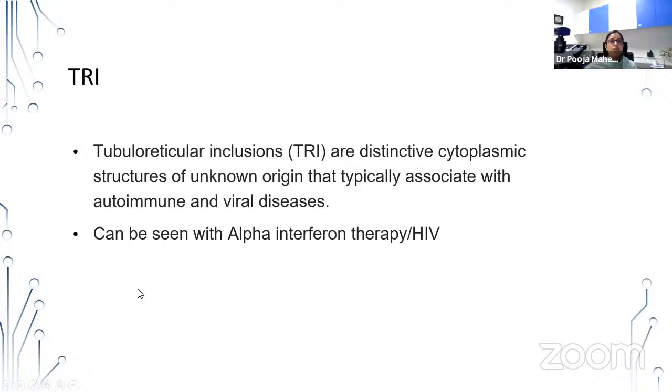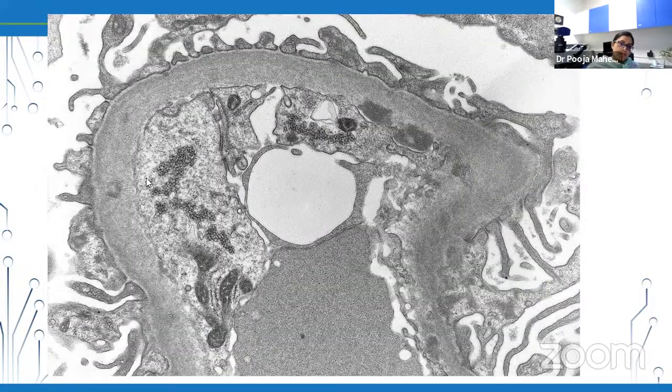Briefly about TRI: tubuloreticular inclusions are distinctive cytoplasmic structures of unknown origin that are typically associated with autoimmune and viral diseases, and can be seen with alpha interferon therapy, HIV, and a few other conditions. You can see they are mostly seen in endothelial cells, either peritubular capillary cells or these endothelial cells. So this is a beautiful tubuloreticular inclusion over here.